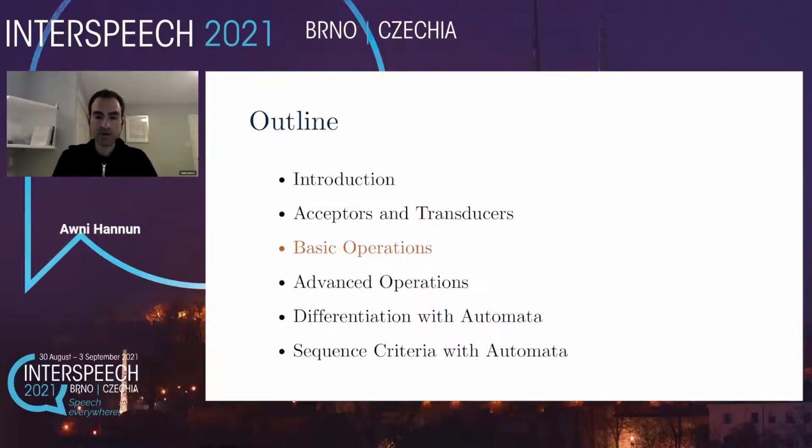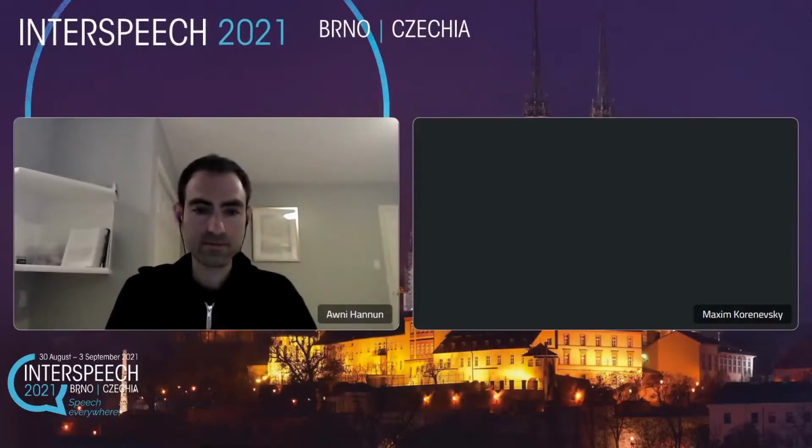Go ahead. On the last slide, when you computed the score for AAB to ZYY, it seems that the second path has another output sequence. Am I right?